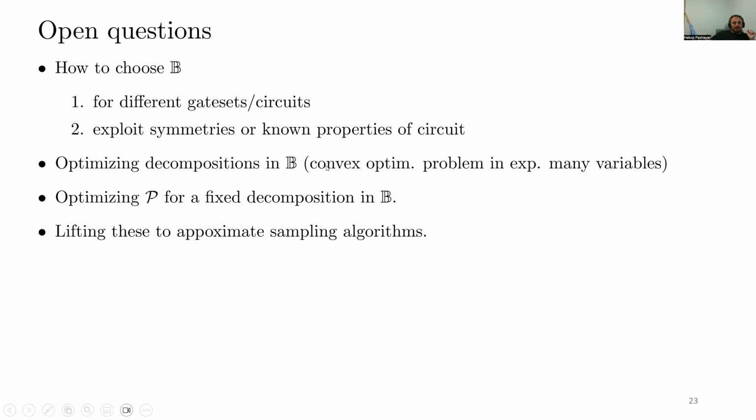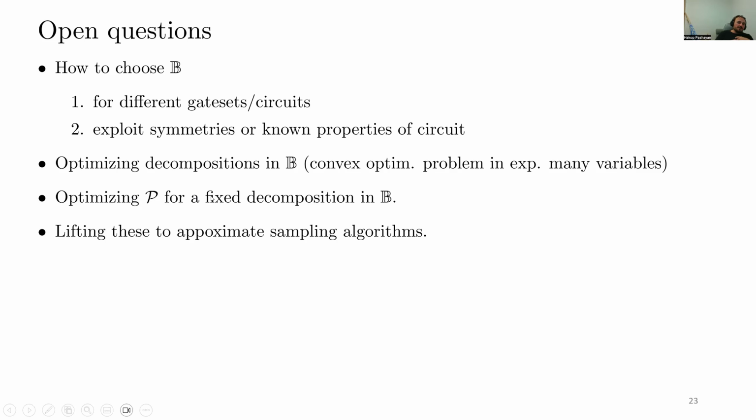We know there's a convex optimization problem, but it's in exponentially many variables, and so you have to settle for something suboptimal. There's also the question of how to optimize these probability distributions.